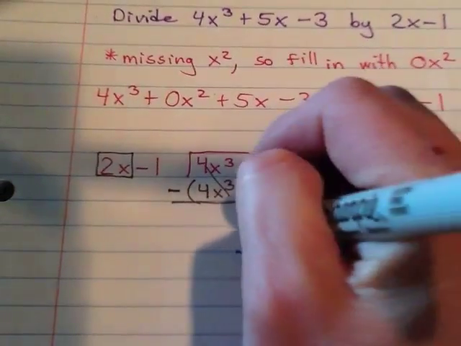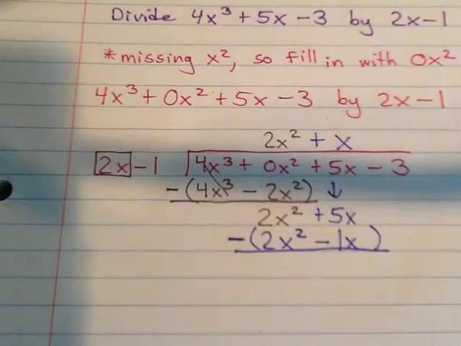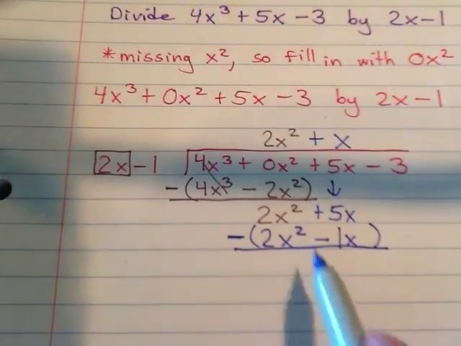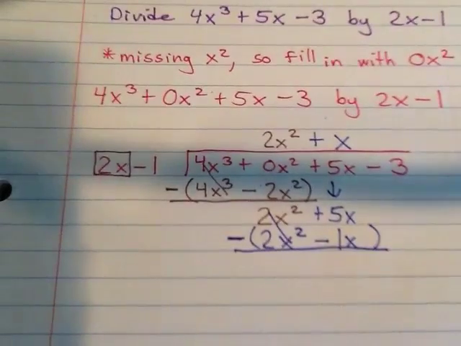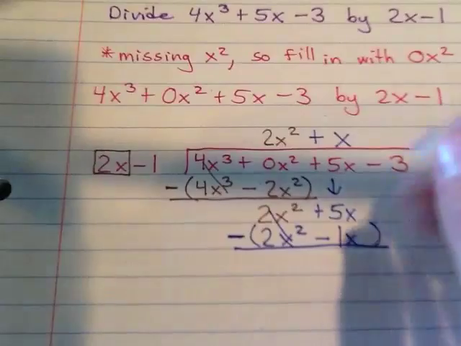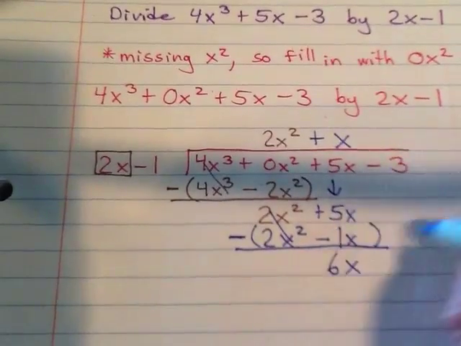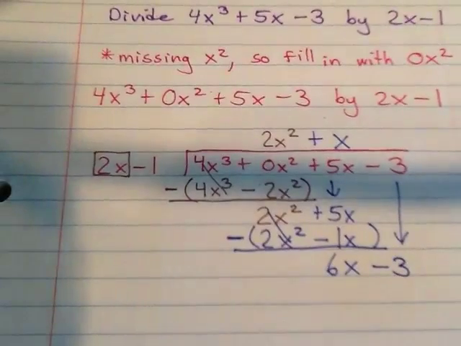So now I have to remember I'm going to subtract 2x squared. Subtracting 2x squared is 0, which is what I wanted. Positive 5x, this becomes plus 1x, becomes 6x. And now this time I'm not going to forget to bring down my -3 at the beginning.